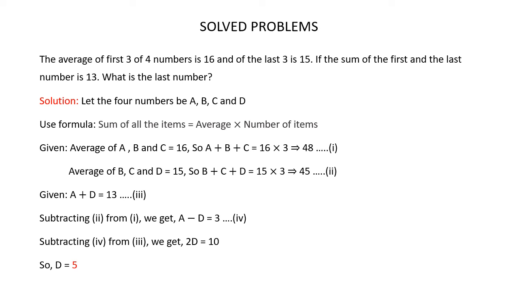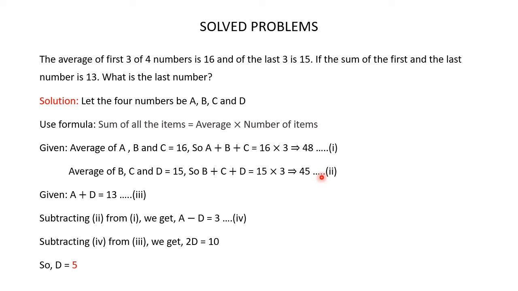It's also given that the average of the last three numbers B, C and D is 15. So the sum of B, C and D is equal to average of B, C and D multiplied by 3, which is 15 multiplied by 3, that is 45.